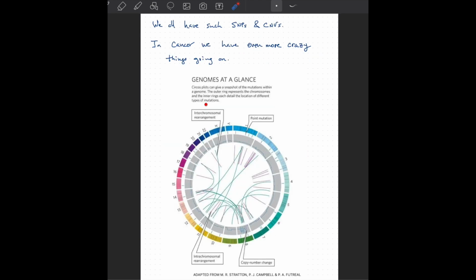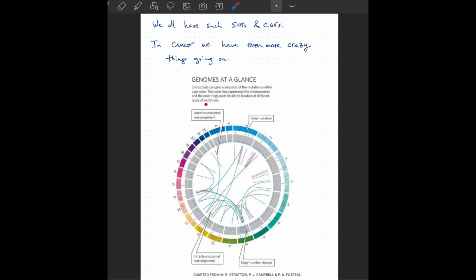We all have such SNPs and CNVs, even in healthy individuals. Now, I don't think we're missing an entire chromosome, but we definitely have polymorphisms that separate us, small little point mutations. Likely the vast majority of those SNPs are non-coding, so they don't manifest themselves in any way.